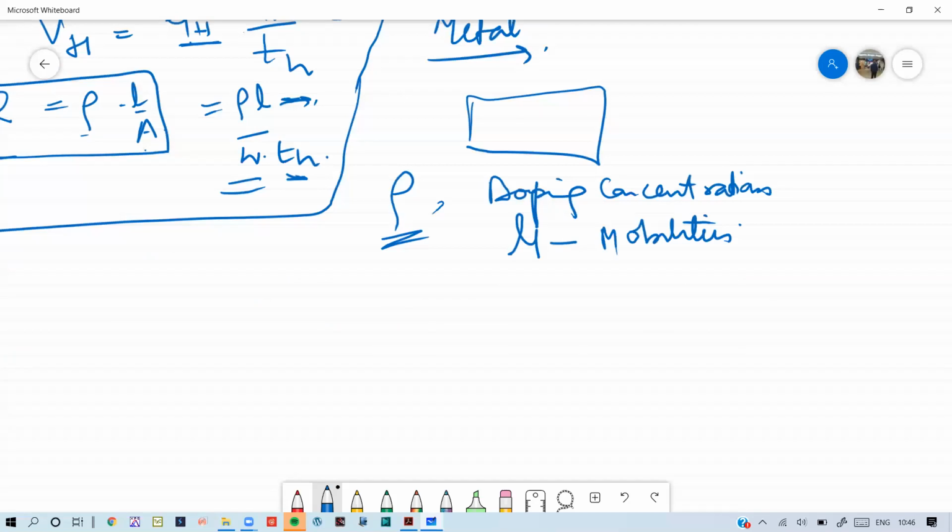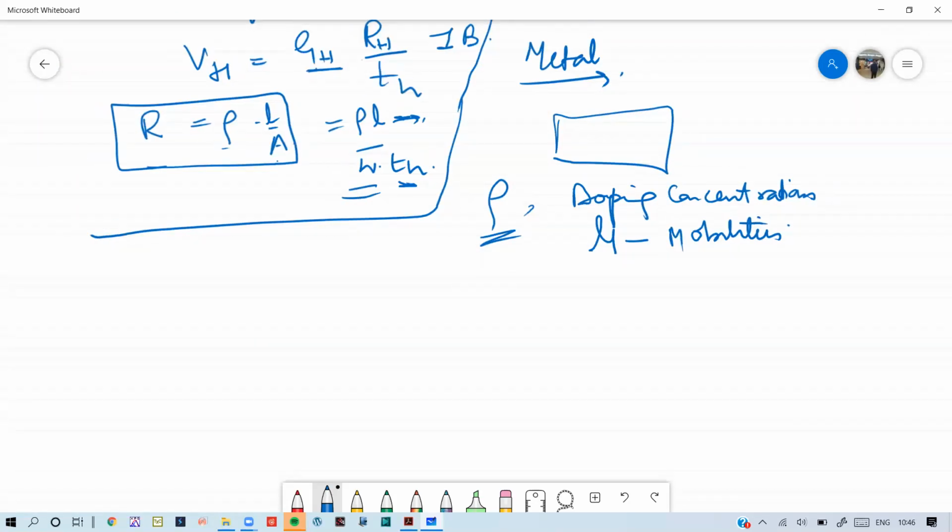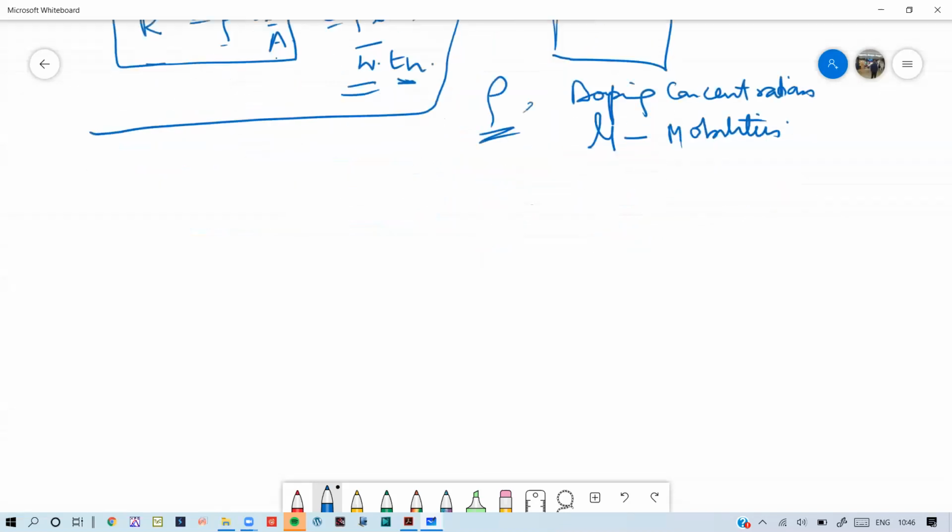So we can vary. We can take two materials like P material and N material of a semiconductor, and then design a Hall sensor. So that is also a possibility.